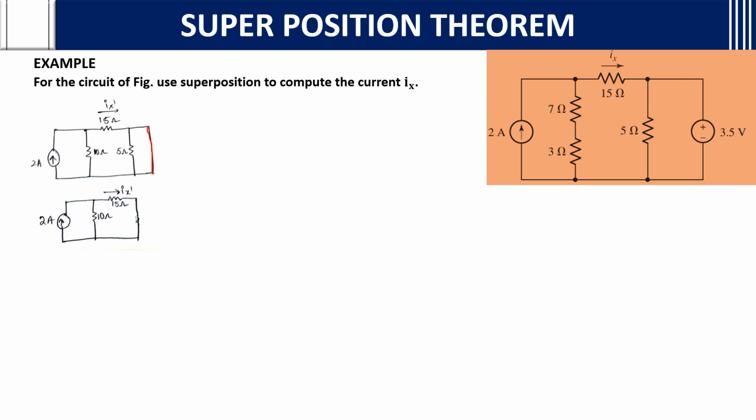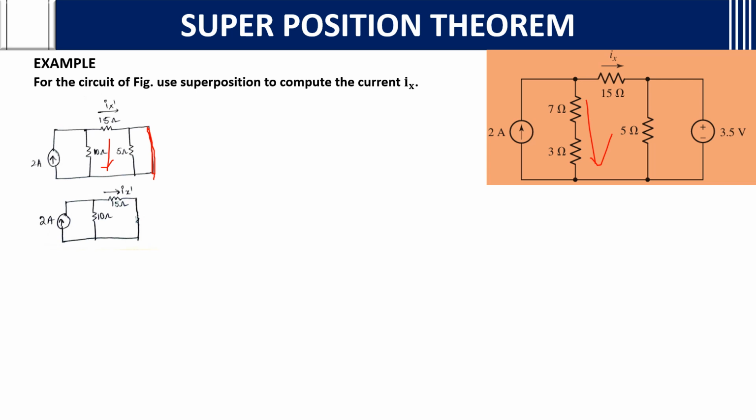You can take the current source active first or the voltage source active first, it is your wish. But initially I keep the voltage source inactive, with the 2 amperes. If you see, these two, 7 and 3, are in series, so you will get 10 ohms. Then 15 ohms is the same. You take Ix dash here, because we need to add them again.